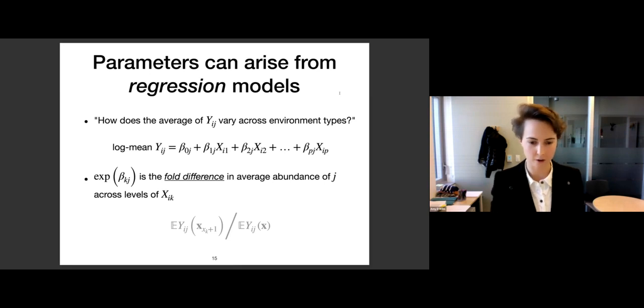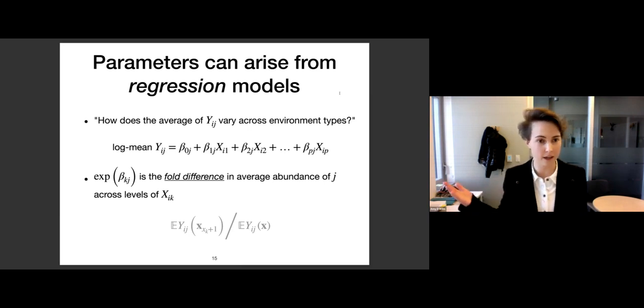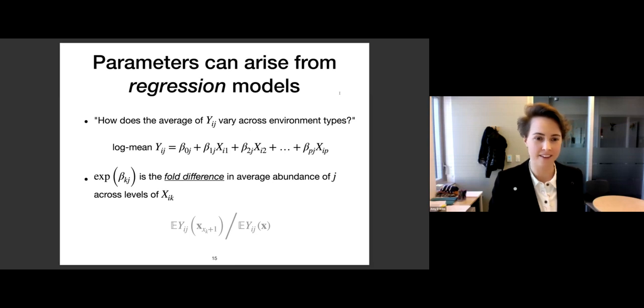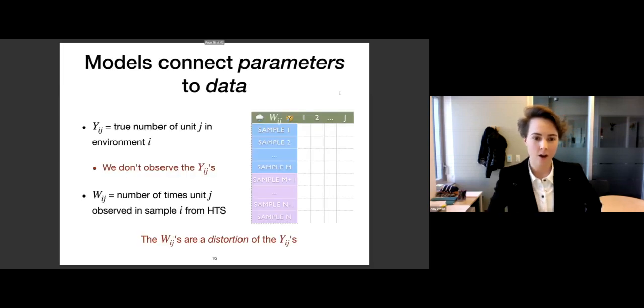I've written it here in grayscale if you're accustomed to thinking about these things in mathematical notation. It's really just a ratio of means when we're comparing groups that are similar in all other environment information, but differ by one level in this kth covariate. Okay, that's another source of parameters in microbiome science.